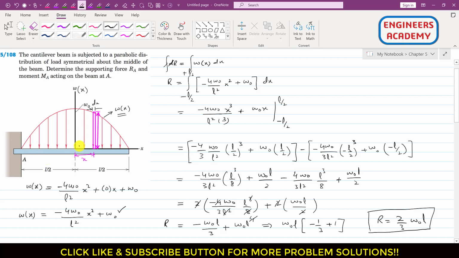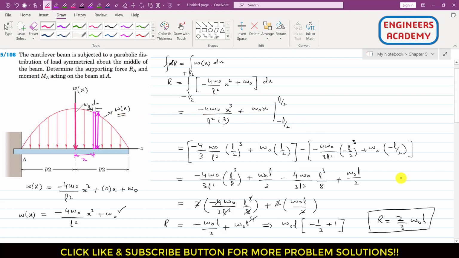So by inspection we can say that this resultant R will pass through the centroid of this area, and the centroid of this area will be located somewhere on this y-axis, right? So then we can say that this R will be located at the midpoint of this beam. The line of action of this R will pass through the centroid, and since the area is symmetrical about this line, the centroid will be located on this particular line, right?